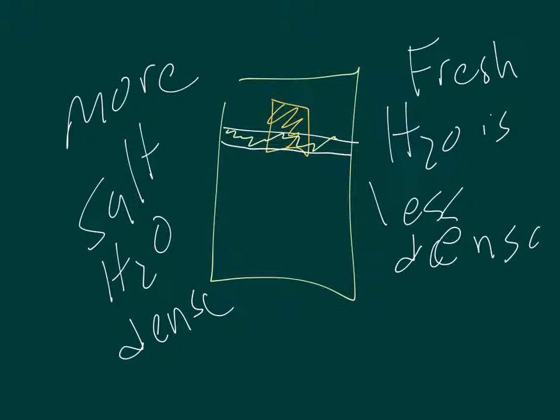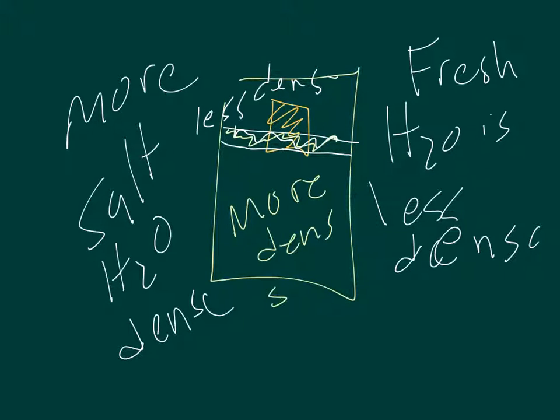So the less dense sits on the top, while there's a barrier of more dense liquid. The convection current still happens at the top of here. This is a bird's eye view of the top, looking down.